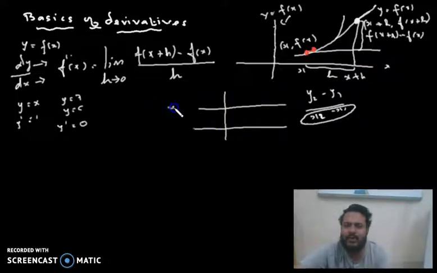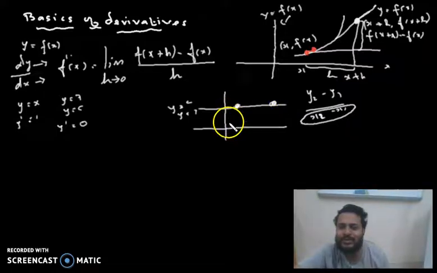Consider this is y is equal to c, or y is equal to 7, as I am taking over here. Take 2 points here and here. What are you left with? First of all, it's y2 minus y1. Here it is x2 minus x1.